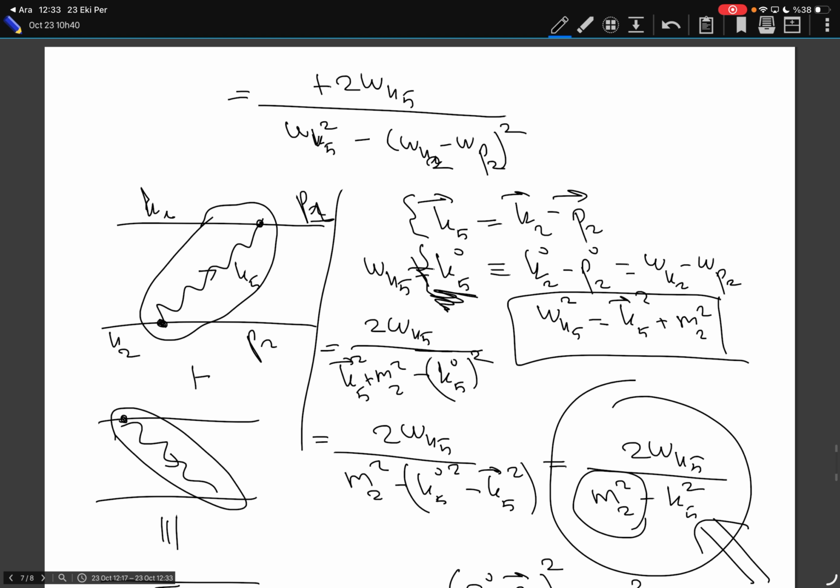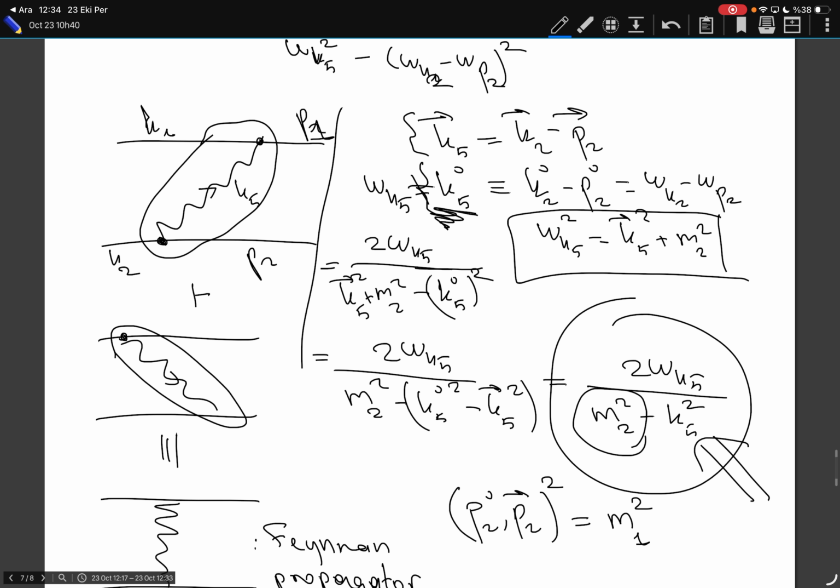Then can I ask something? By the way, those four things form a four-vector in the real sense of it, because that k5 0 is the difference of two four-vectors, so that difference is actually a four-vector.